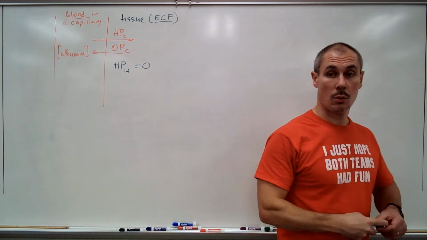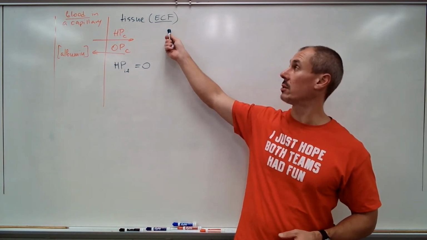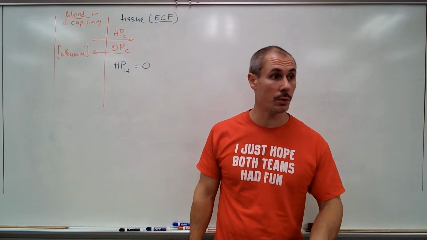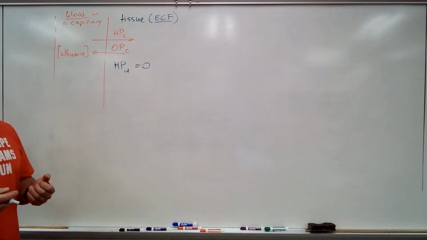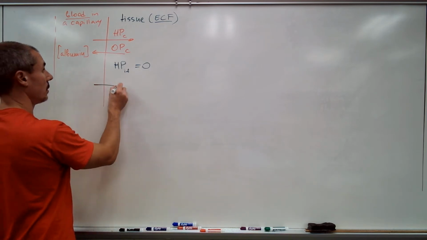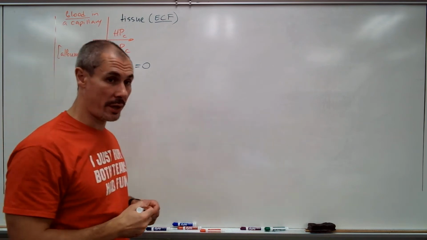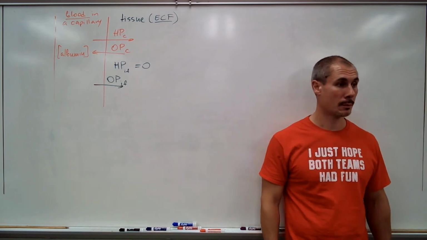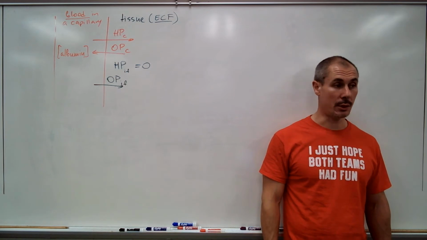Now, we have to appreciate that extracellular fluid, the interstitial fluid, isn't distilled water. It has some solutes. So it does pull some fluid, some water, out of the capillary. So this is called interstitial osmotic pressure. Are you following me?